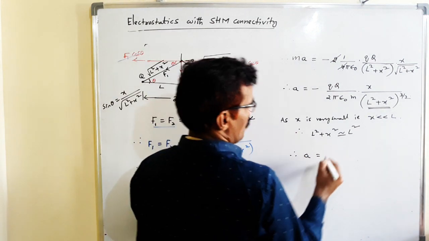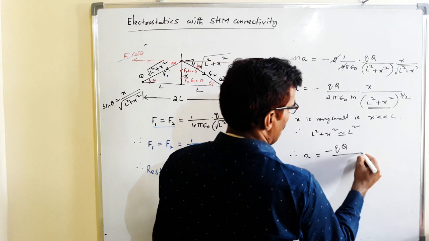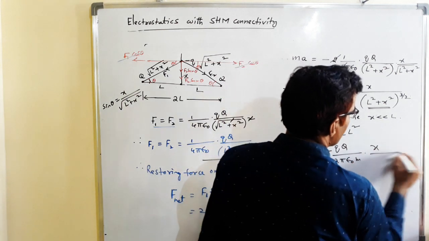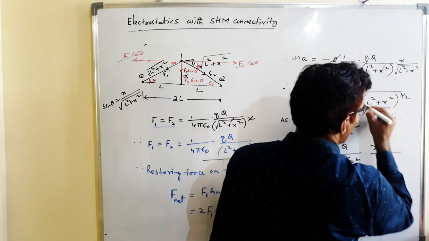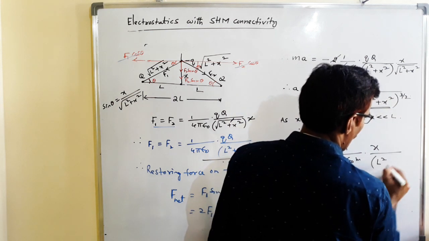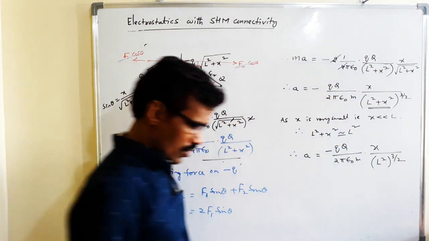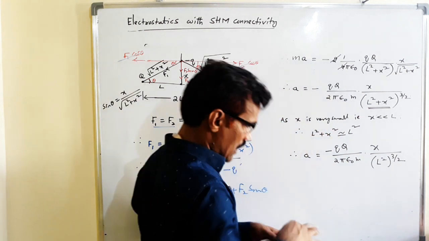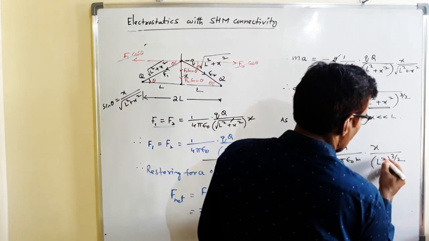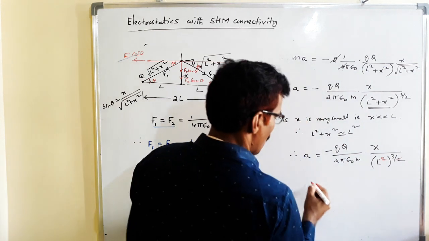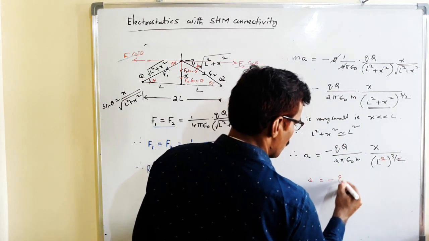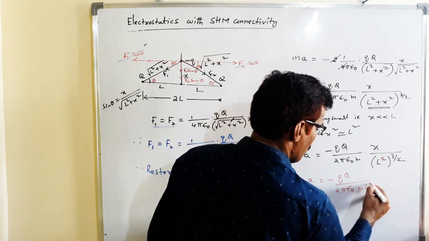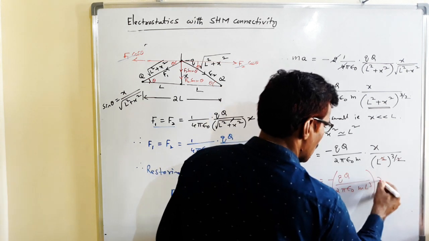Therefore a is equal to minus QQ by 2 pi epsilon naught m into X by L square whole power 3 by 2. Here 2 cancels. After that we get minus QQ by 2 pi epsilon naught m L cube into X.